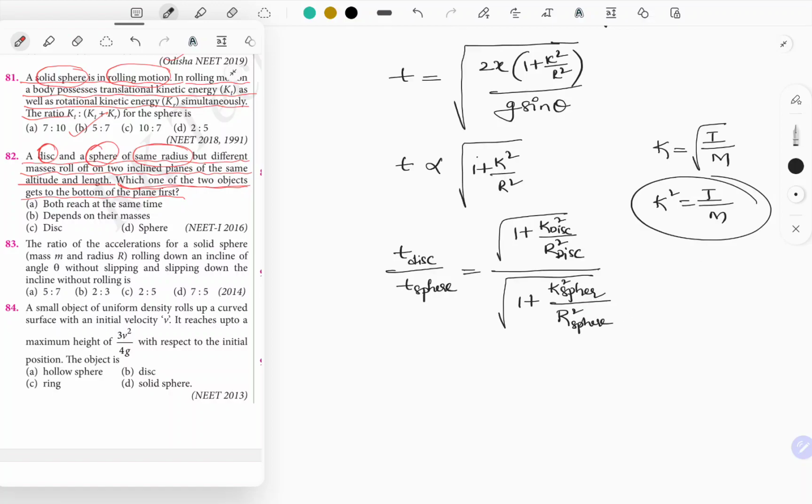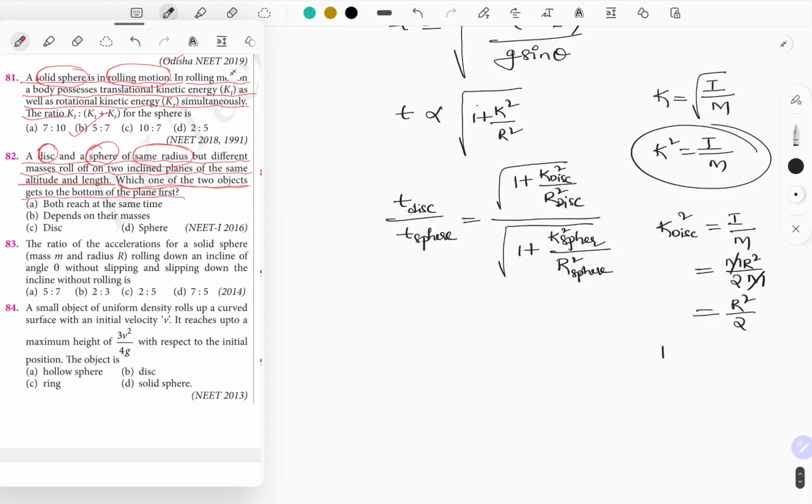Super. Now, what's the formula for the moment of inertia of a disk? k disk square is equal to I by m. Moment of inertia of a disk is m r square by 2. The m will get cancelled, and r square by 2 will be there. Super. What about k sphere square? It is equal to 2 by 5 m r square divided by m. The m will get cancelled, leaving 2 by 5 r square.